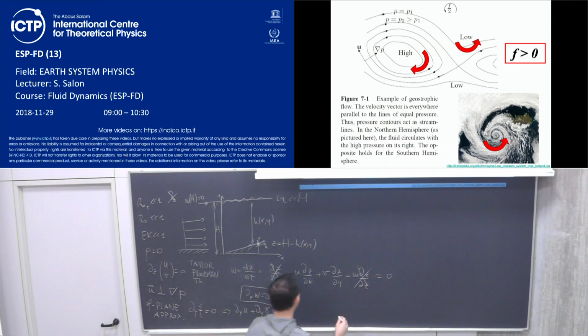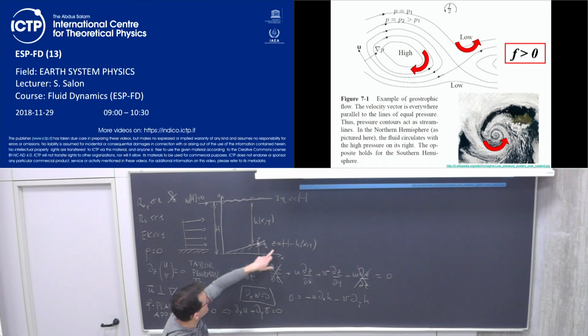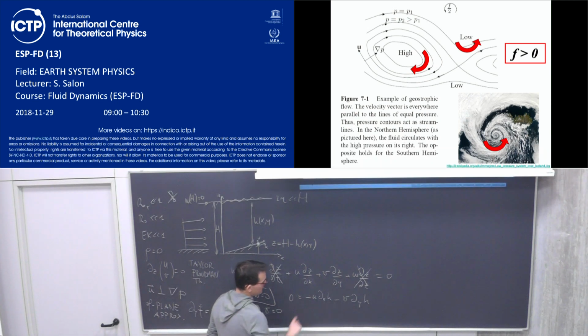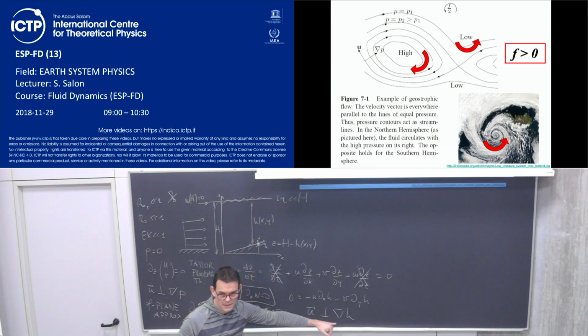So if we substitute this expression here, what we will have is that 0 is equal to minus u ∂h/∂x minus v ∂h/∂y. I'm just substituting the value of the vertical position in the derivative. This can also be written as u perpendicular to the gradient of h.